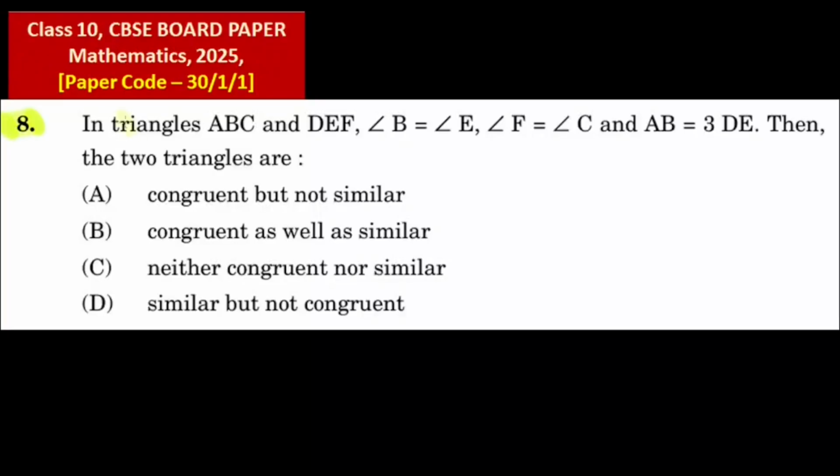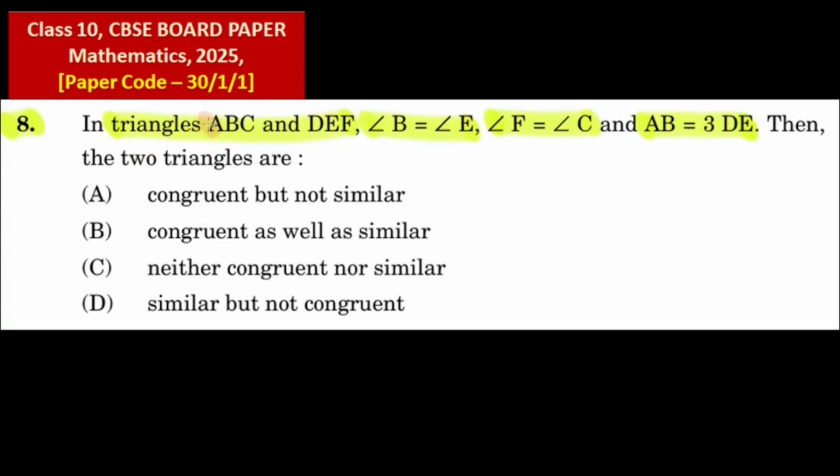Question 8. In triangles ABC and DEF, angle B equals angle E, angle F equals angle C, and AB equals 3DE. Then about these two triangles, we have to select the correct option.